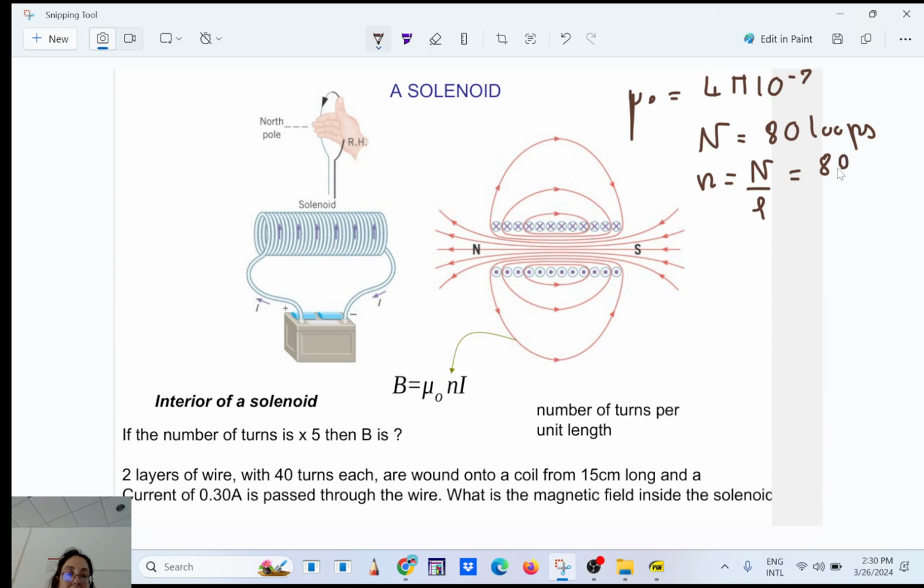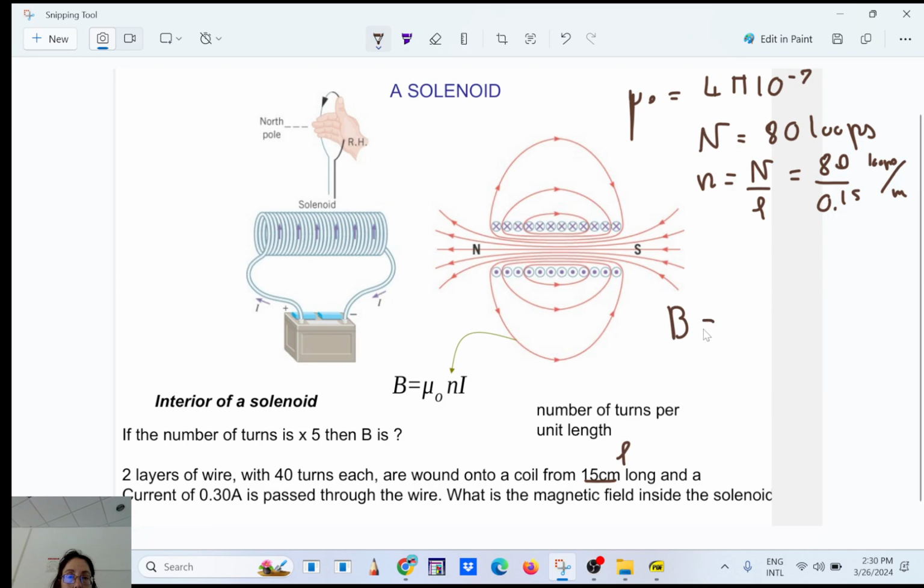So that will be 80 divided by the length here, which is 0.5. So it's a density because the unit will be loops per meter. I'm sure all of you take chemistry. You work a lot with density, right?